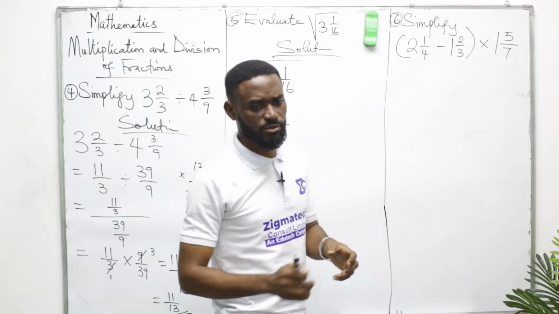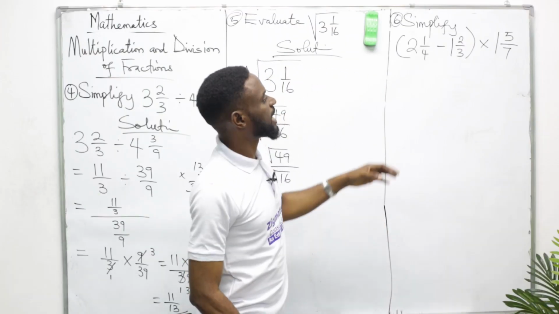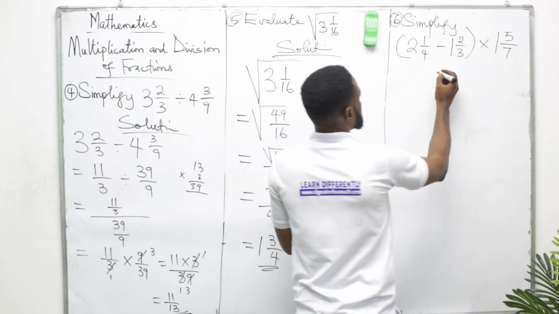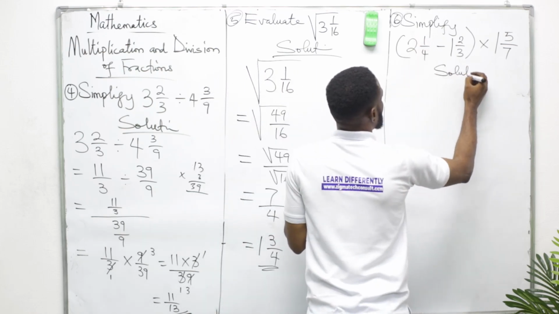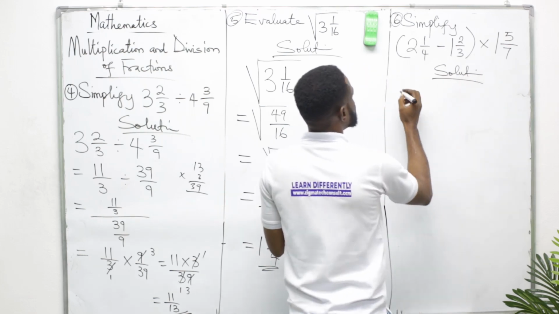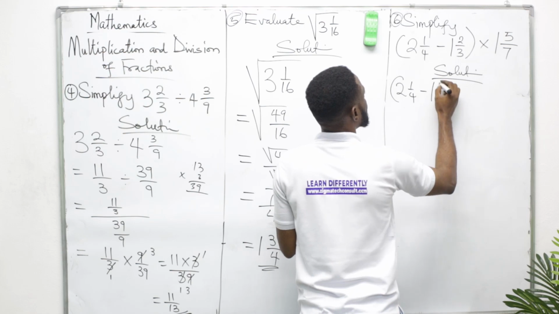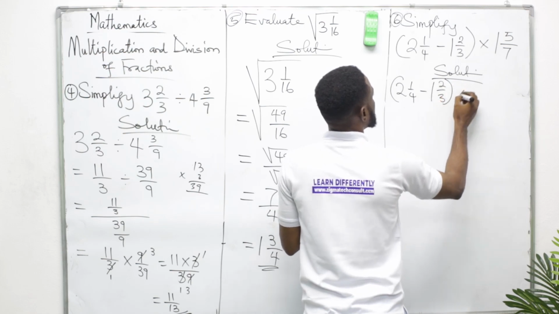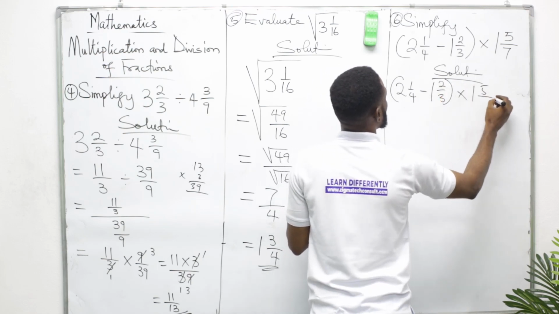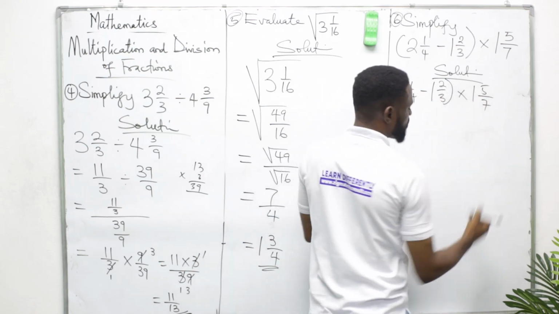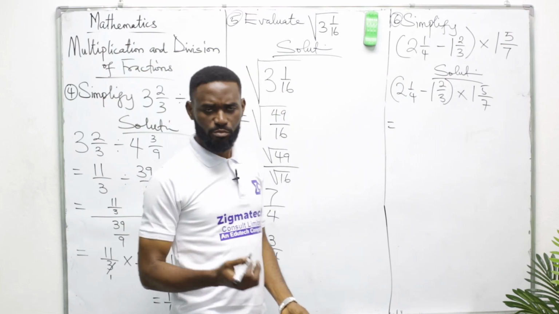So let's look at this. This is an application question. From here we'll go to multiplication. So 2 whole number 1 over 4 minus 1 whole number 2 over 3, multiplying 1 whole number 5 over 7. We make everything an improper fraction.